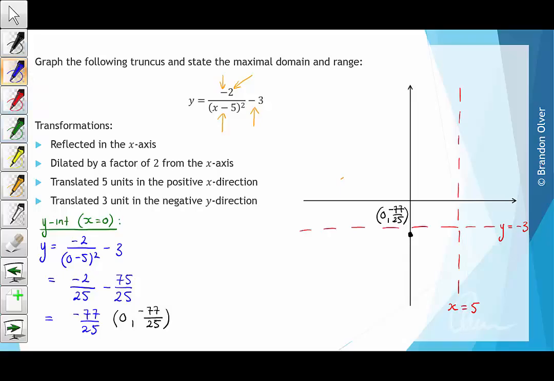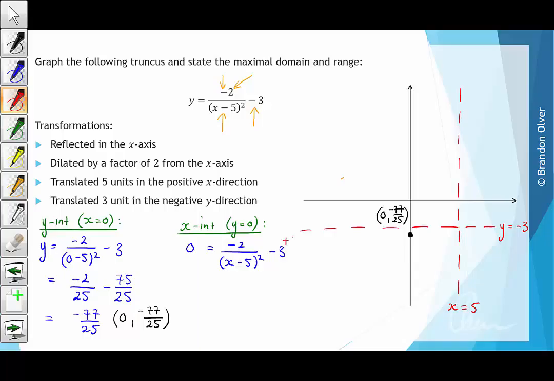Next up, we can find any x-intercepts if they exist. The x-intercepts occur when y is equal to 0. So with this in mind, we have 0 is equal to -2 divided by (x minus 5) all squared, minus 3.